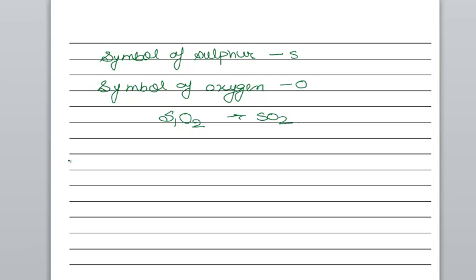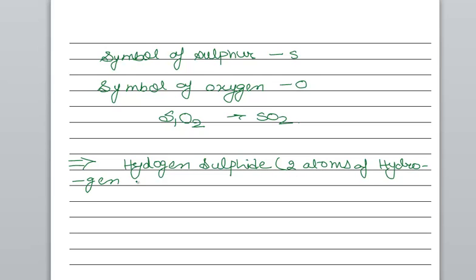Right? Likewise, write the chemical formula of hydrogen sulfide. There are 2 atoms of hydrogen and 1 atom of sulfur in it.